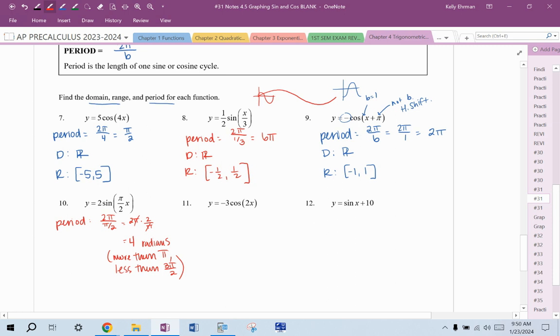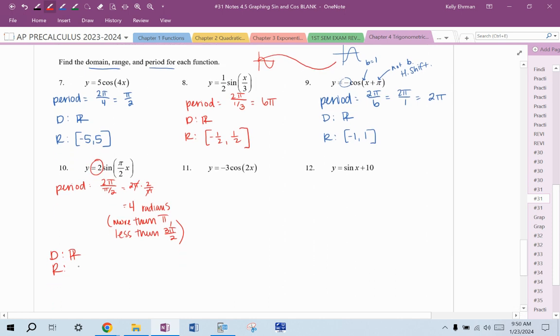So 4 radians is like, if we were graphing that, this graph would stretch not quite to 2 pi. It would complete a cycle between pi and 3 pi over 2. The domain is still all real numbers, and the range is just about the amplitude, which is 2. So this graph goes from -2 to +2.